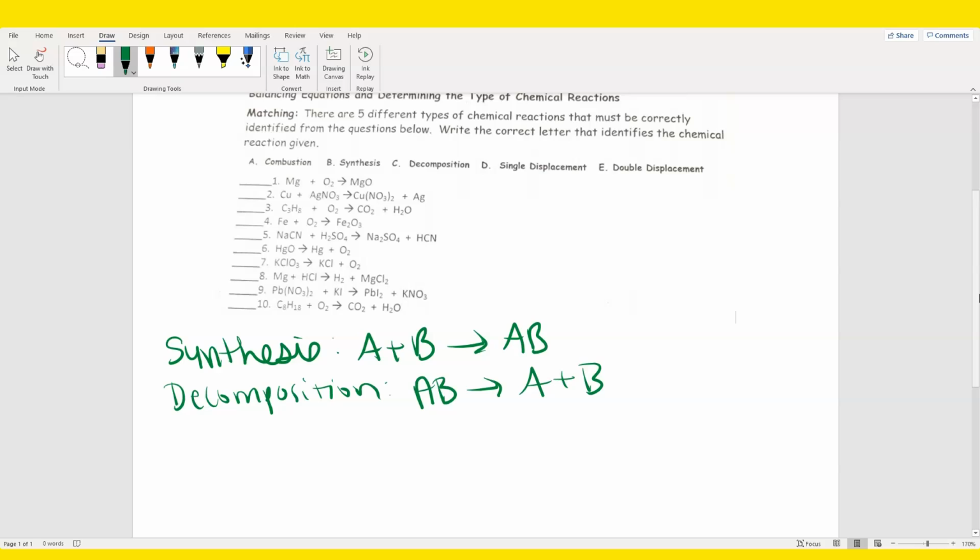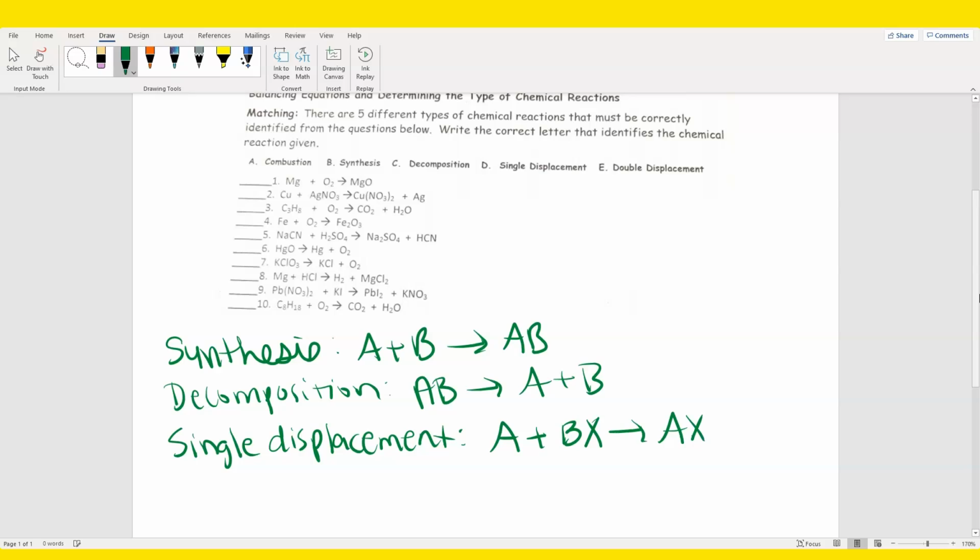The other reaction type that we discussed also was single displacement or replacement, whichever one you want to go with. Tomato, tomato, pecan, pecan, they all mean the same thing, just pronounced differently. So single displacement is when you have a single element that reacts with a compound that forms a new compound and a new element.